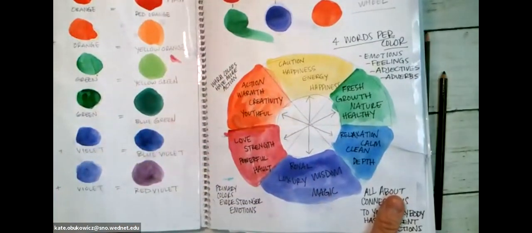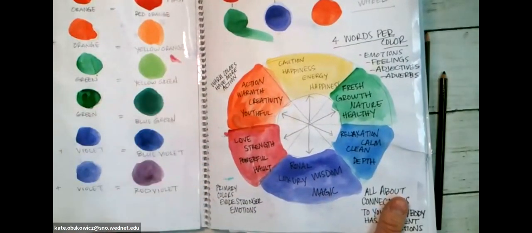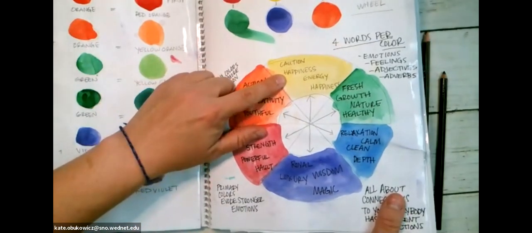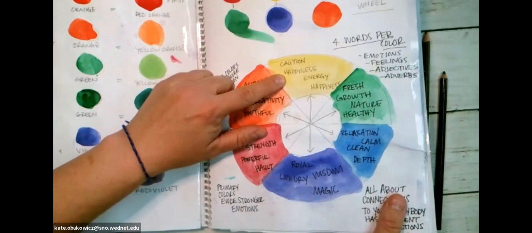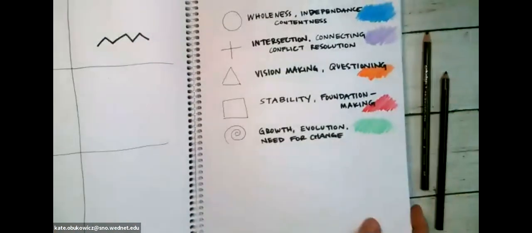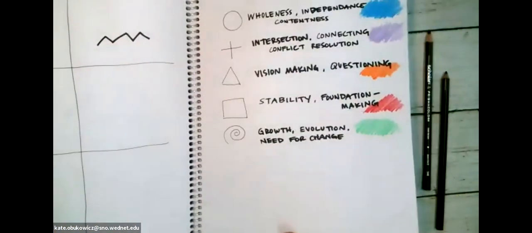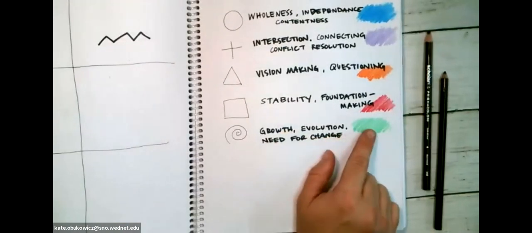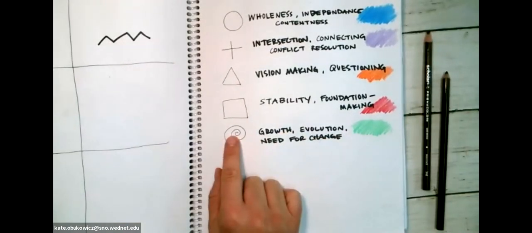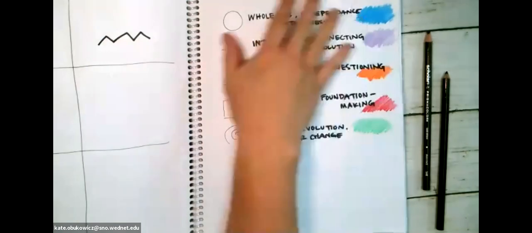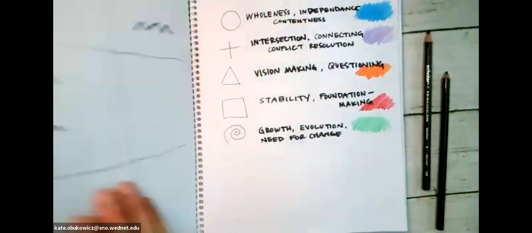You can kind of go, okay, what feelings am I getting? Maybe you're getting happiness, so maybe you would choose yellow, or maybe you are getting growth, so you might make a green spiral. Okay, so these are like your keys or your guides.